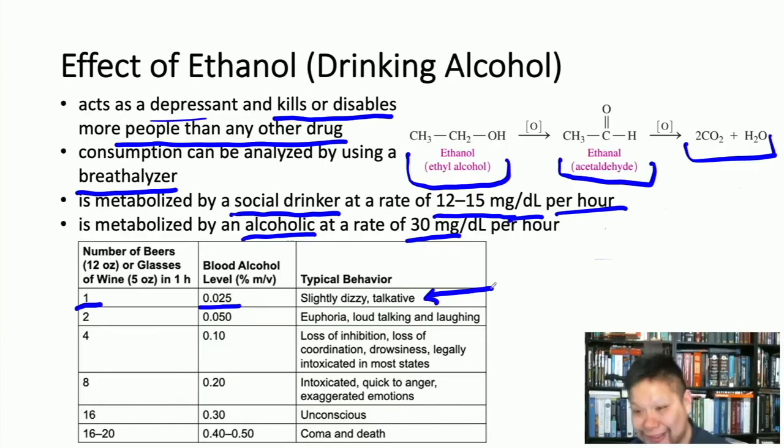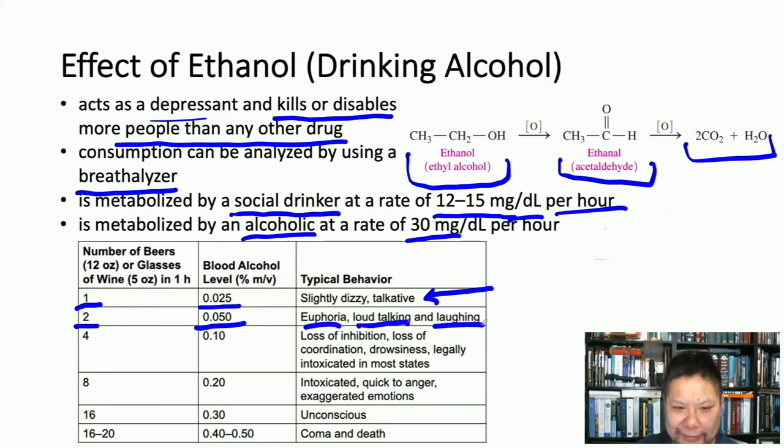You're going to be slightly dizzy, more talkative. Let's put 2 beers in you, right? 2 beers makes it 0.05. You're getting very close to Texas's blood alcohol limit. I think Texas's limit is 0.08. Here you feel euphoria, you start talking super loud, and you laugh at everything, right? At 0.4, though, that's when things go bad.